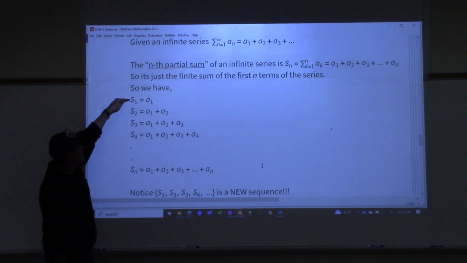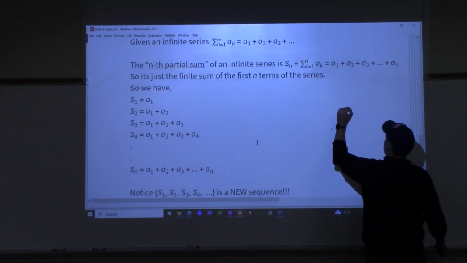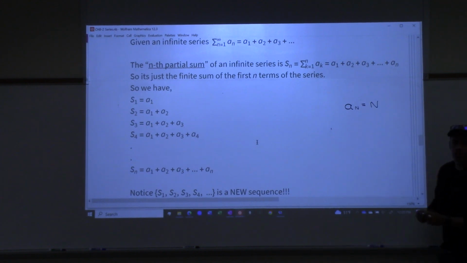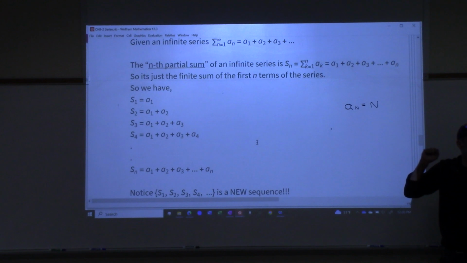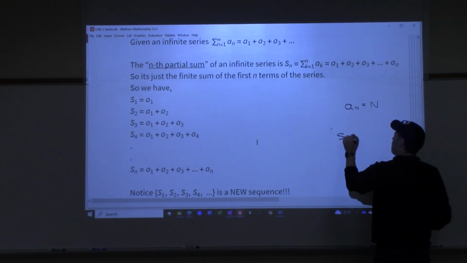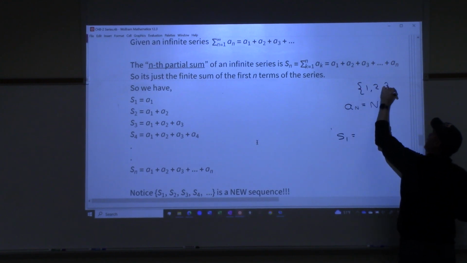So if somebody hands you a sequence, I'm going to do an example over here. Let's do an easy example: a sub n equals n. That's a real easy one to work with, right? I give you that sequence. Now I ask you to create this new sequence. S sub 1 would be what? Should we write this sequence out? This is 1, 2, 3, 4.